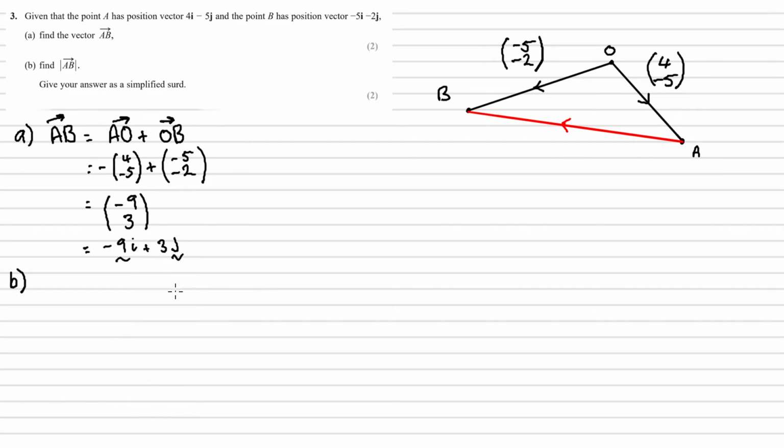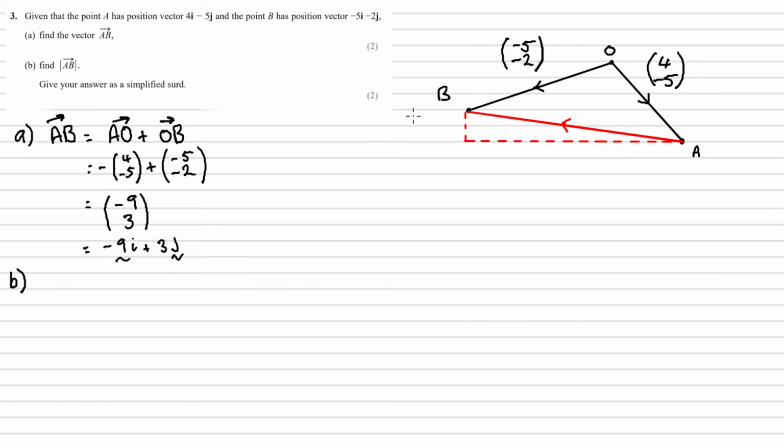Okay, so now for part B, we've been asked to find the magnitude of this vector A to B. So this is simply going to be finding the length of this vector.